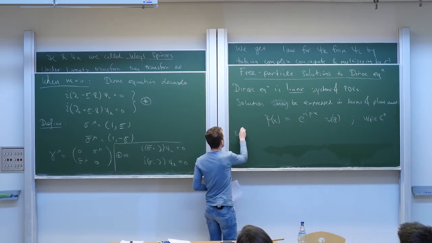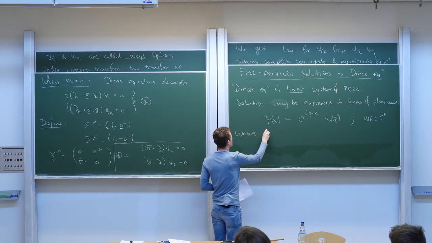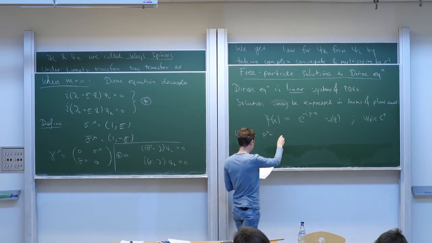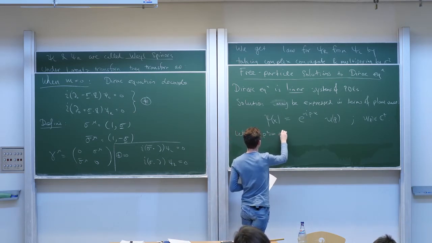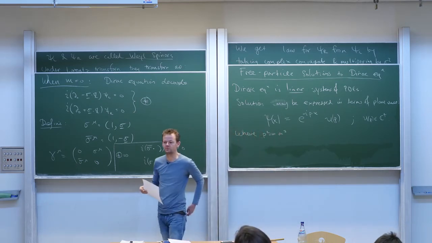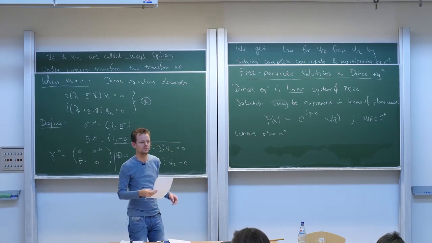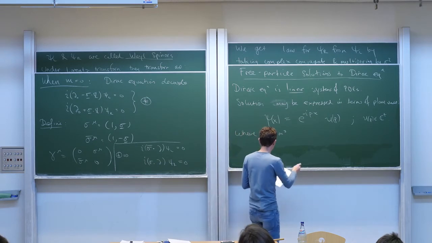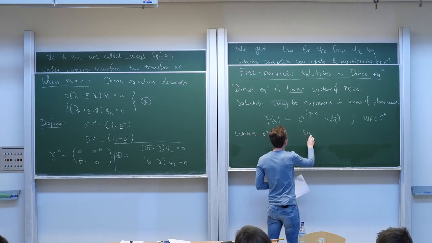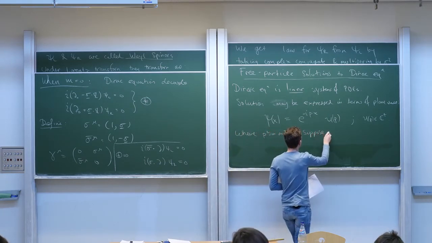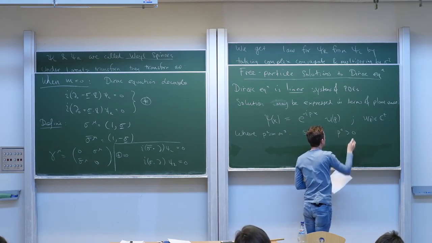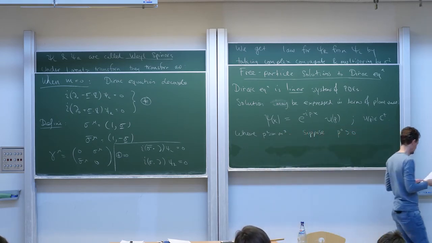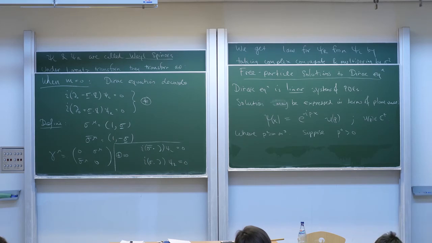Now, there's some constraints, right, where firstly we want to be on shell. So we want this to be an actual physical momentum of a particle. And suppose further that p0 is greater than 0. We want a positive energy solution. It turns out we'll have to also consider negative energy solutions.